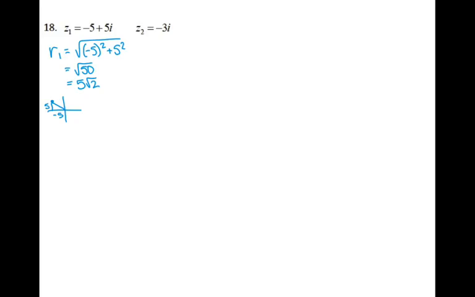Going to use inverse tangent, and theta will be negative 45 degrees, also known as 135 degrees in standard position. And then for this one, r2 is just going to be positive 3. You can go through that entire process of doing the square root of 0 squared plus negative 3 squared. That's just going to give you 3 in the end.